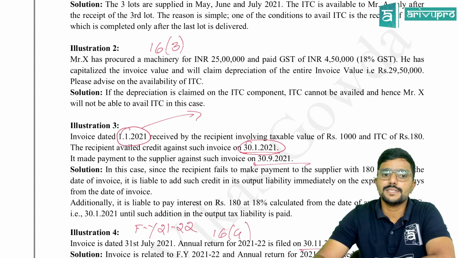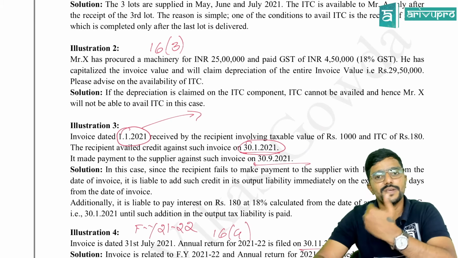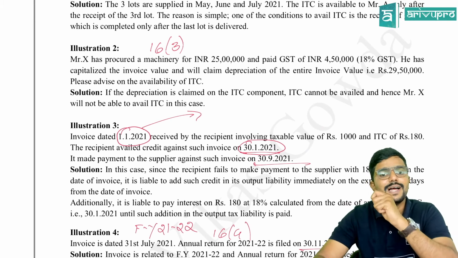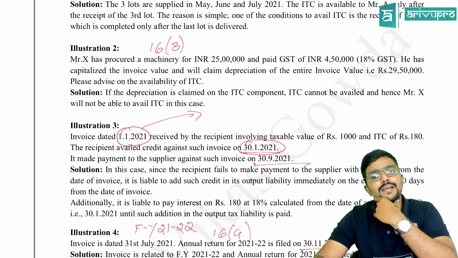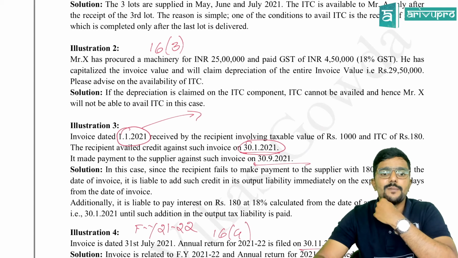He has capitalized the invoice value and will claim depreciation on the entire invoice value of 29,50,000. So he has capitalized the GST part also, and will be claiming depreciation on 29,50,000 including GST. Please advise on the availability of ITC.